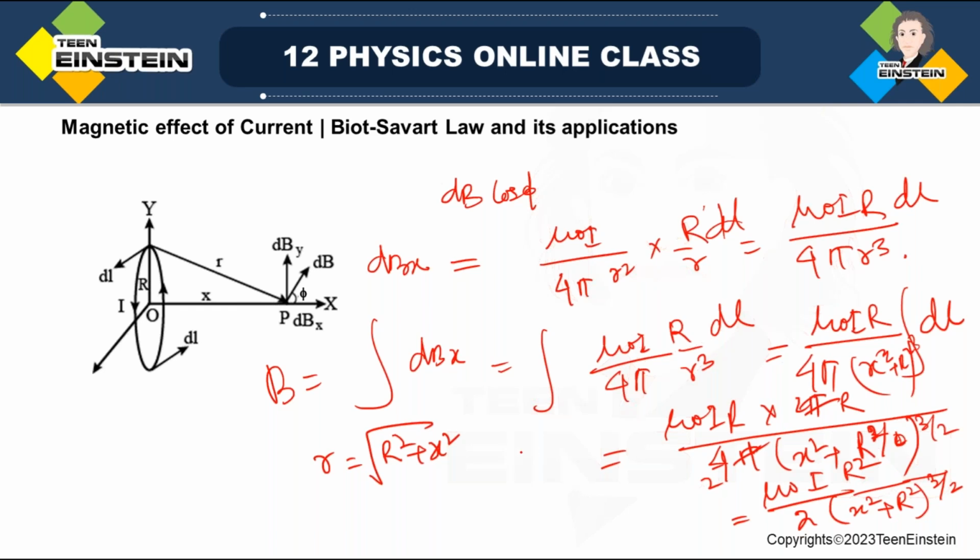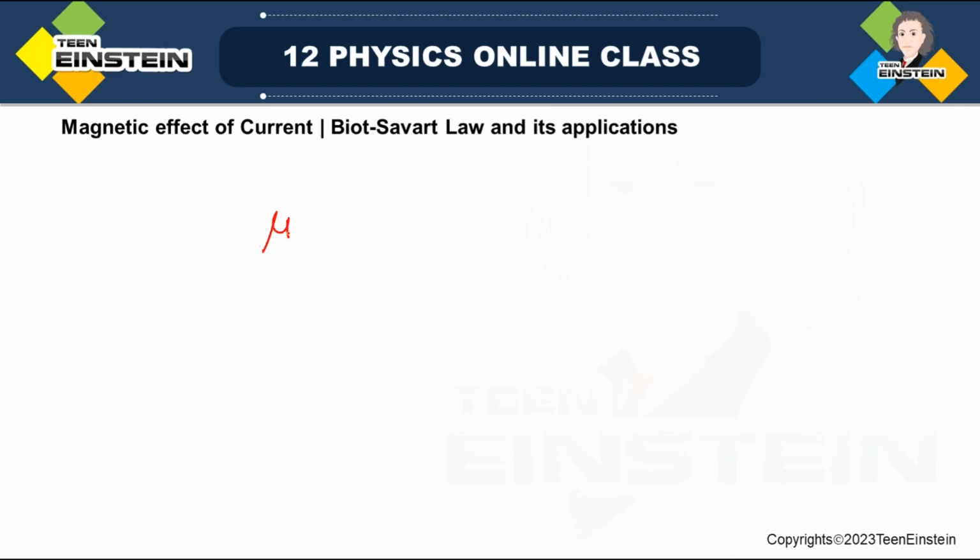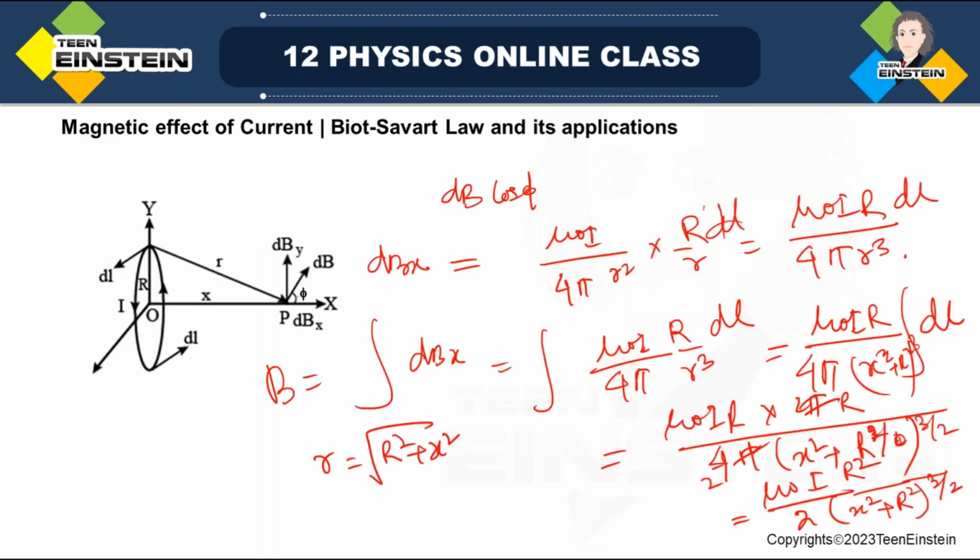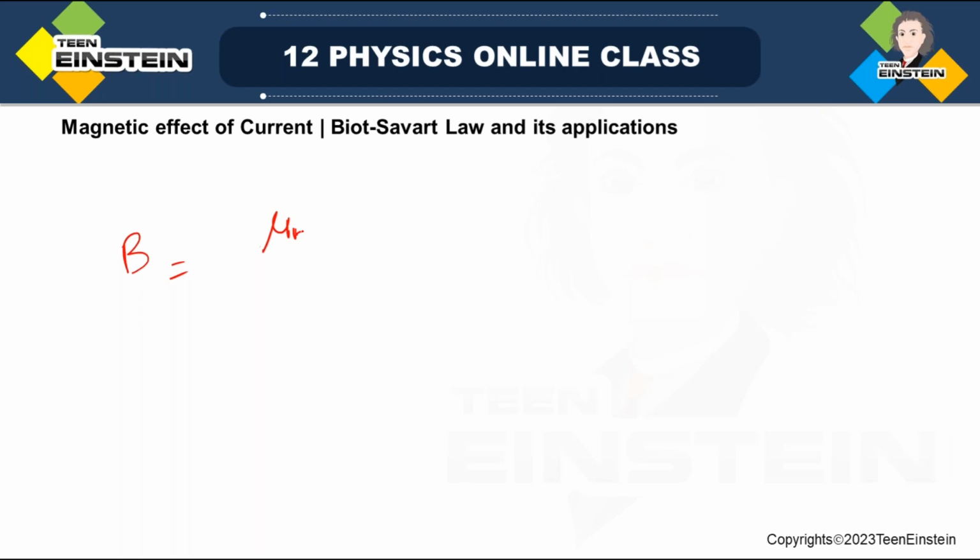So this is how the magnetic field looks: mu 0 I by 2, R square by x square plus R square whole to the power 3 by 2. Okay, this is mu 0 I by 2.